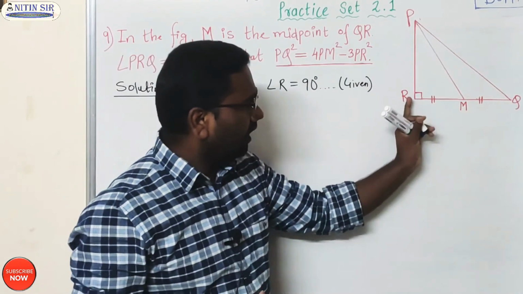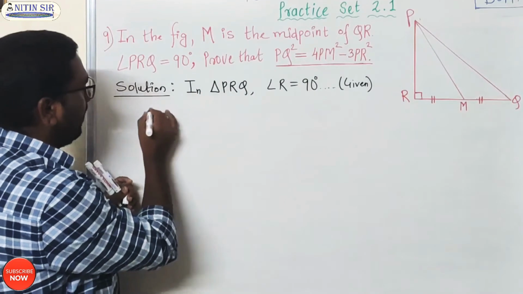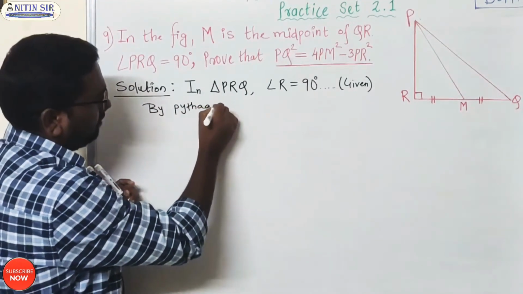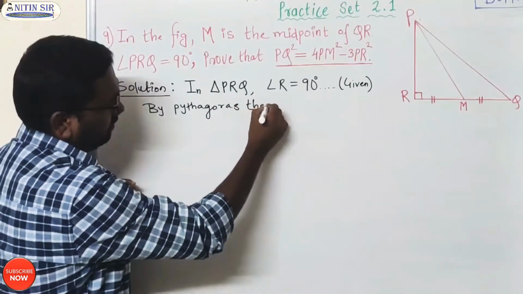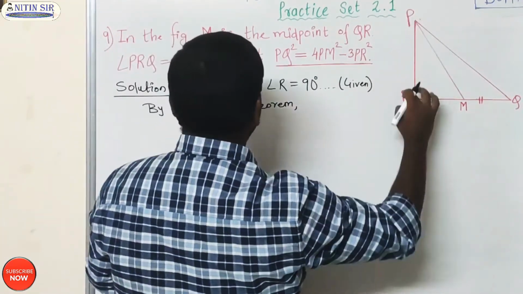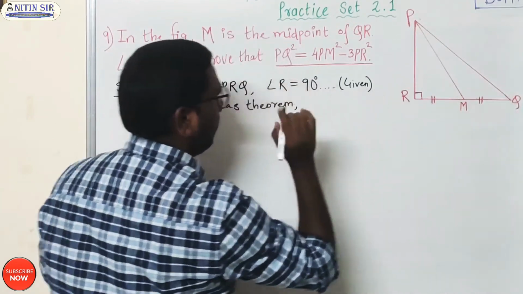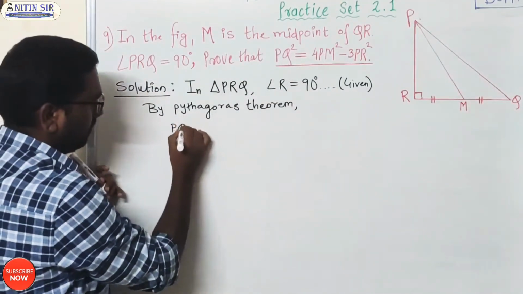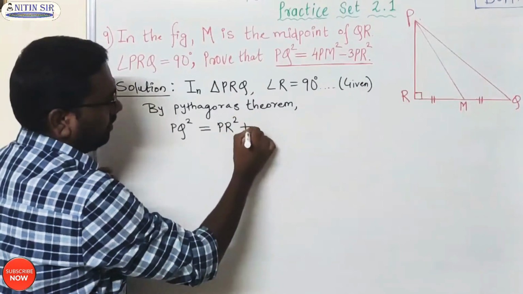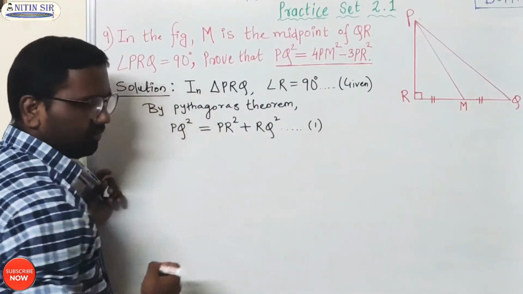Now, if it is 90 degrees, we will apply Pythagoras theorem. By Pythagoras theorem in triangle PRQ, PQ square is equal to PR square plus RQ square. This will be our equation 1.